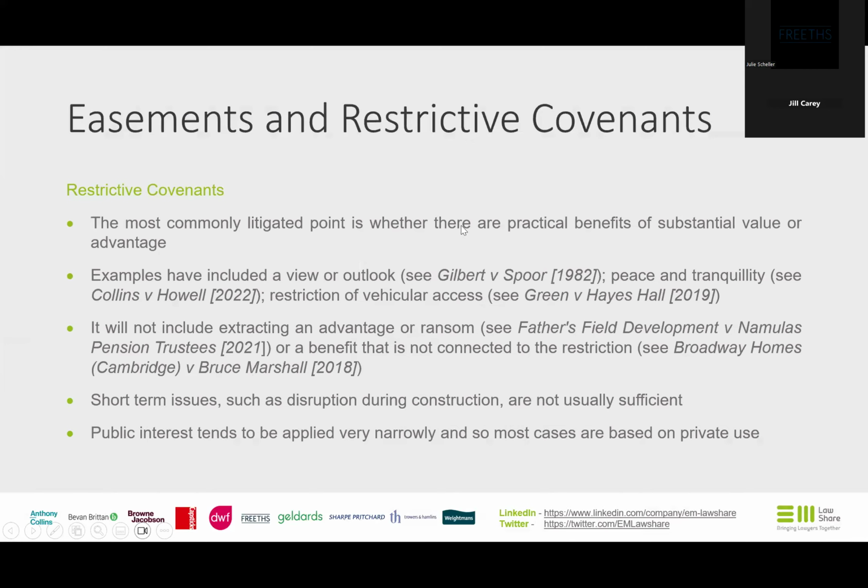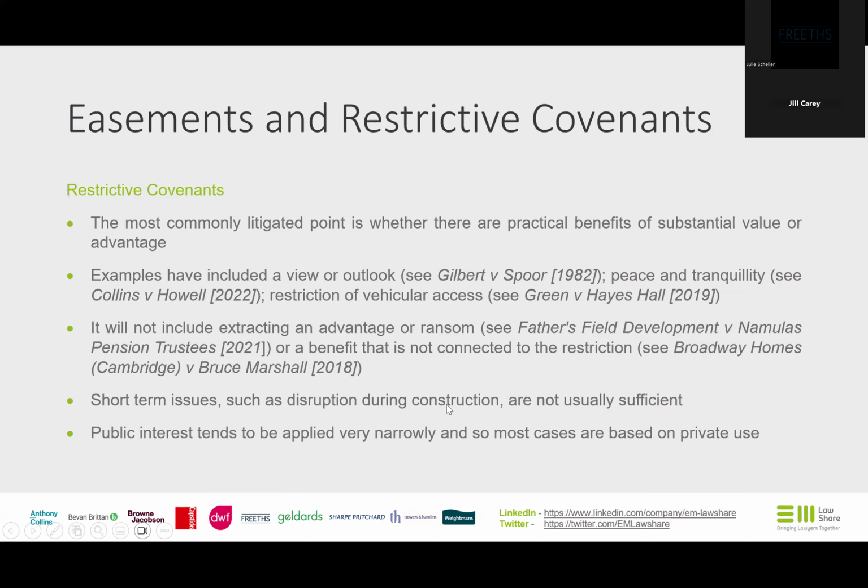Examples of practical benefits. In Gilbert and Spore, there was a view or an outlook that was being preserved. Collins and Howell, peace and tranquility, and restriction of vehicular access in Green and Hayes Hall. But you won't be able to prove the substantial benefit if it's extracting a ransom or an advantage, or it's not connected to the restrictive covenant.